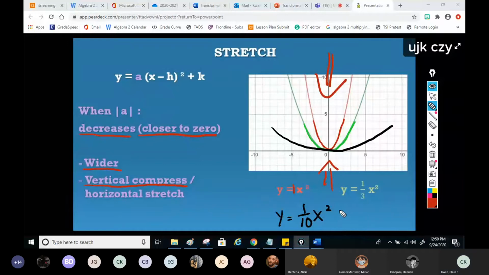We can also call it a horizontal stretch, like someone is trying to pull it apart from the left and the right. You guys got to understand these two are exactly the same thing. One of them is vertically compressed, the other one is horizontally stretched. So they are the same thing.